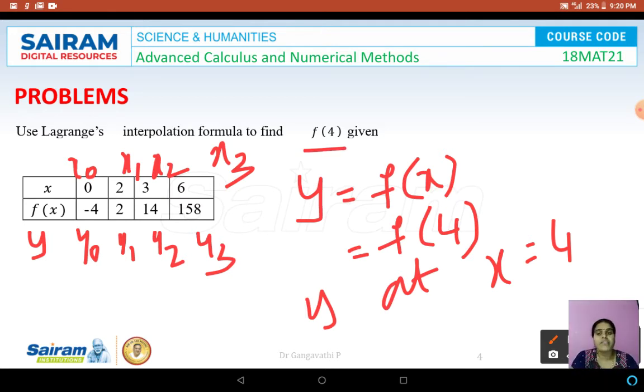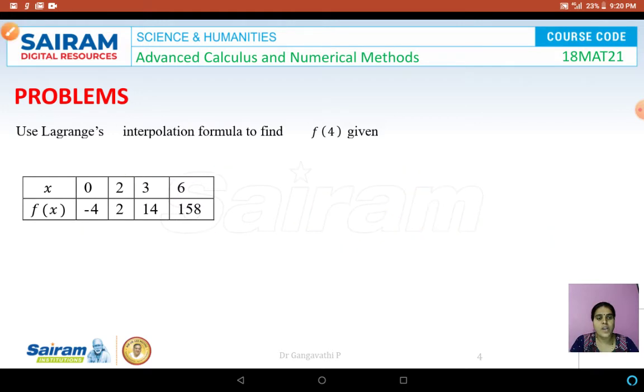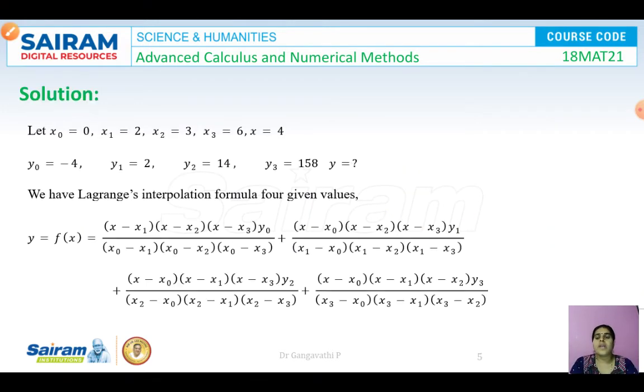So we are finding y when a value of x has been given, so straight Lagrange's interpolation formula is used here. Now let us consider that x0 is 0, x1 is 2, x2 is 3, x3 is 6, and the value of x where we have to find y is 4. y0 is minus 4, y1 is 2, y2 is 14 and y3 is 158.